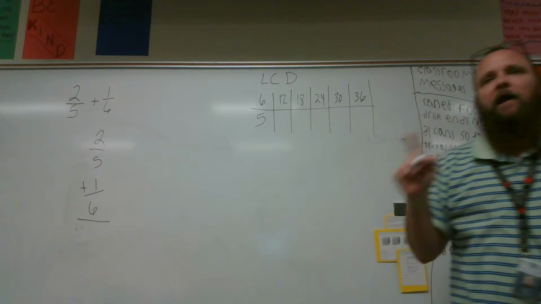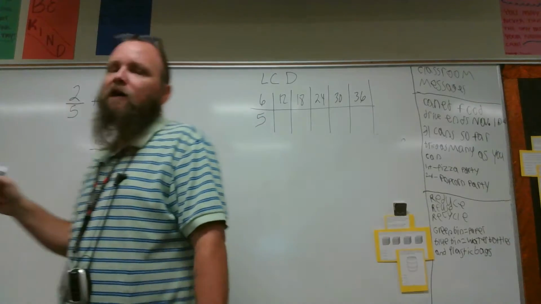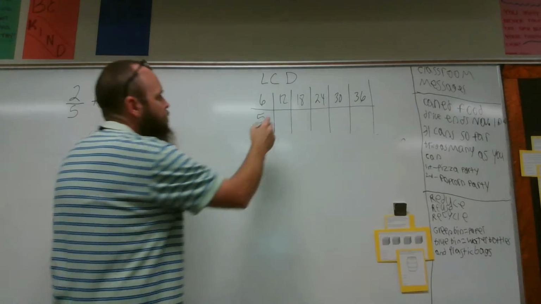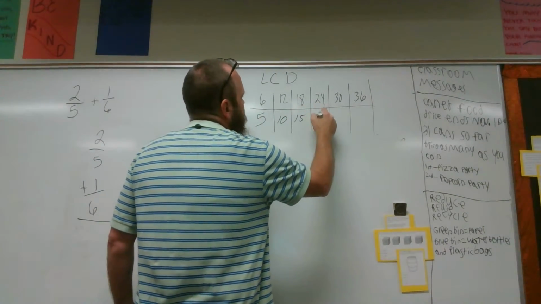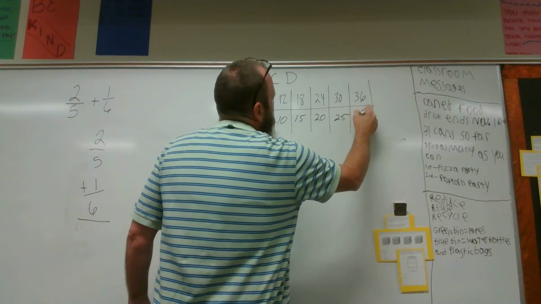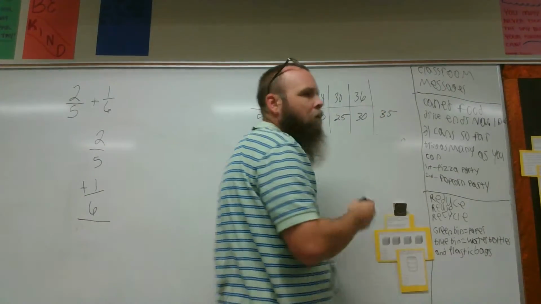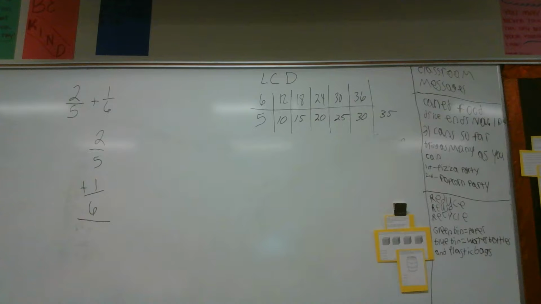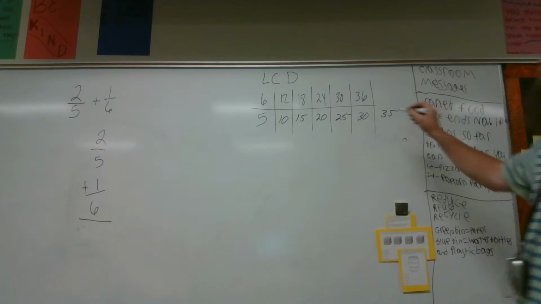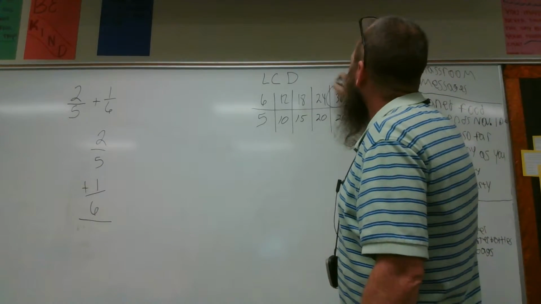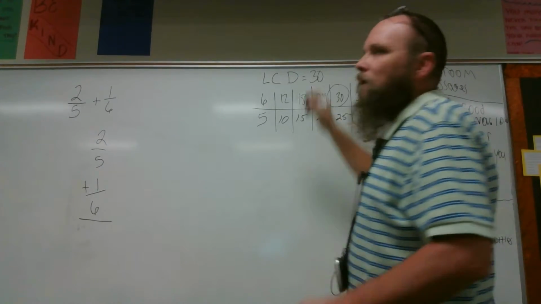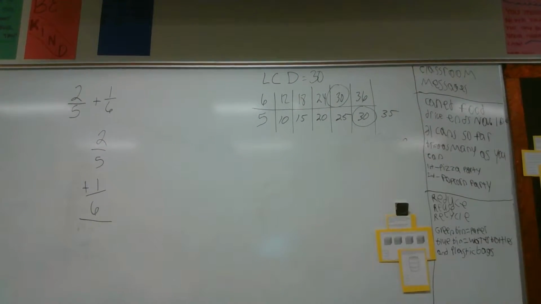Awesome. Ava, will you count off by 5s for me? 5, 10, 15, 20, 25, 30, 35. Nasir, do you see anything they have in common? 30. 30 is our least common denominator. It is the smallest number they have in common.